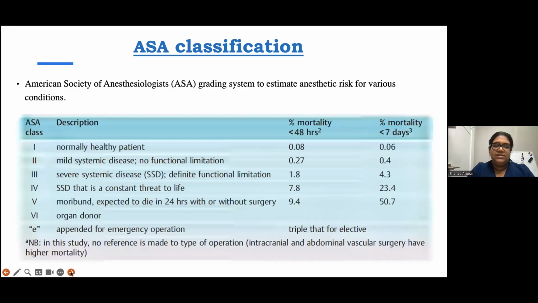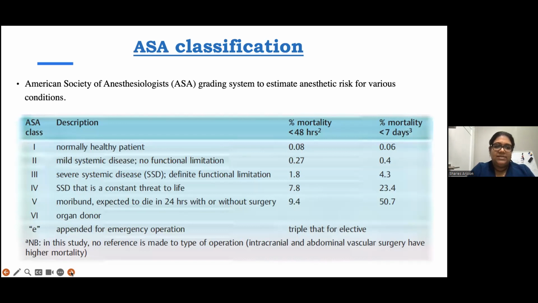The American Society of Anesthesiologists grading system to estimate anesthetic risk of various conditions consists of classes 1 to 6, and it looks at the mortality at less than 48 hours and less than 7 days. Class 1 is a normal healthy patient.